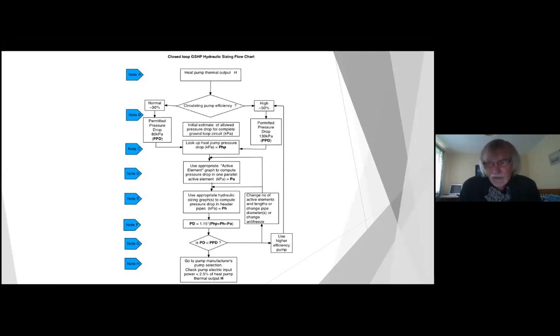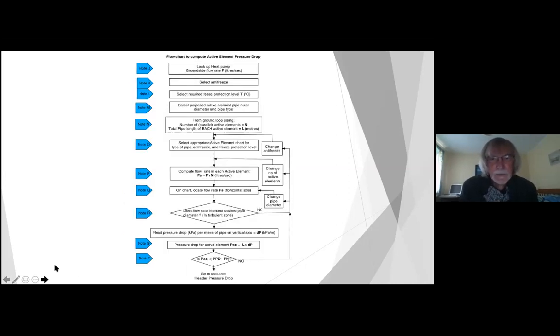And we tend to then lob in an allowance for contingency and the extra fittings, a nominal figure of 15%. If you're really keen, you can go and work all of those out and add them in as well. And then you check whether your total pressure drop is less than your permitted pressure drop. Otherwise, you've got to go around the system again. And so this is the flow chart for how to do active elements.